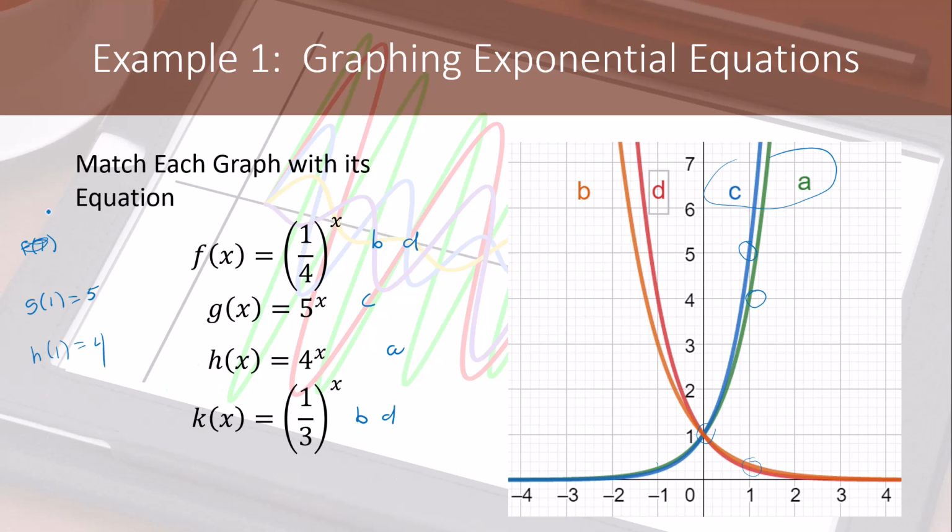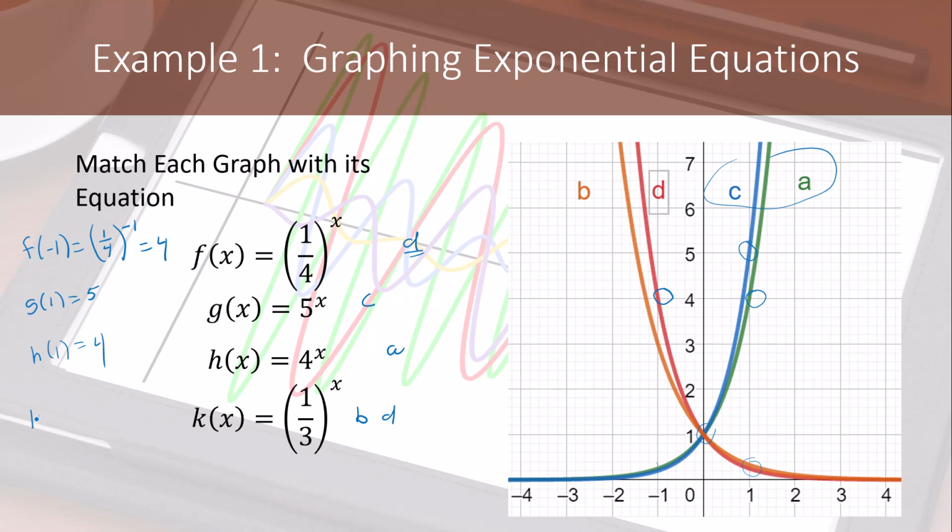And what specifically do I mean by that? Well, let's take a look at f of -1. F of -1 is going to be equal to 1/4 raised to the -1 power, which is equal to 4. All right, so here's -1. Let's go all the way up and notice there is 4. So D is the graph for that particular function.